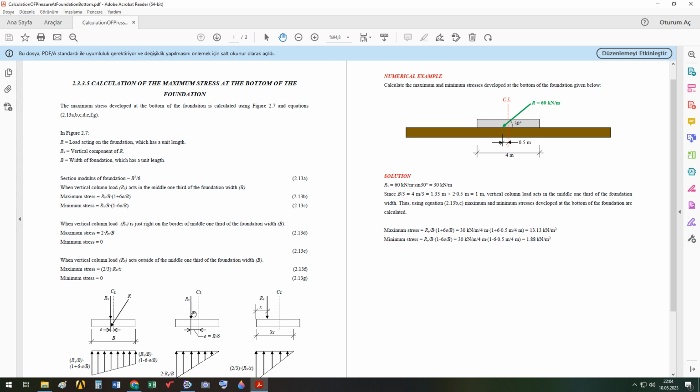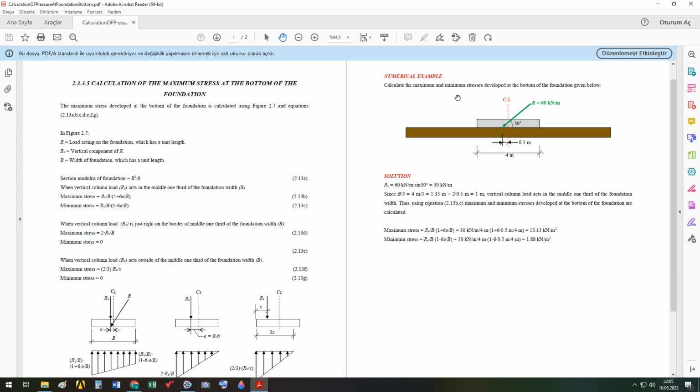If RV is in the border of the 1/3 portion of the foundation width, we use these formulas, and if it is outside of the 1/3 of the middle portion of the foundation width, we use these formulas to calculate the maximum stress, which is important for us because we will compare the maximum stress developed at the bottom of the foundation with the corresponding soil bearing strength, which is also a type of normal stress.